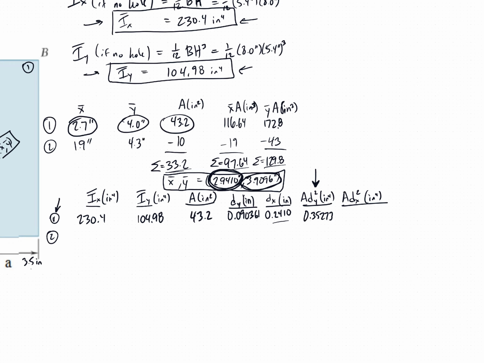It's also pretty small. We multiply that by 43.2, and we get 2.5091. Looking at these numbers, we can see the parallel axis theorem isn't really going to have much effect on the big shape in this case. Oftentimes that will be the case because the big shape is going to have the most effect on where that centroid is in the first place.